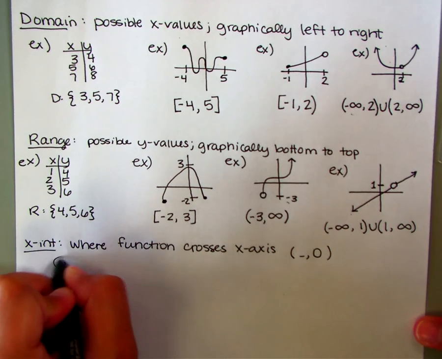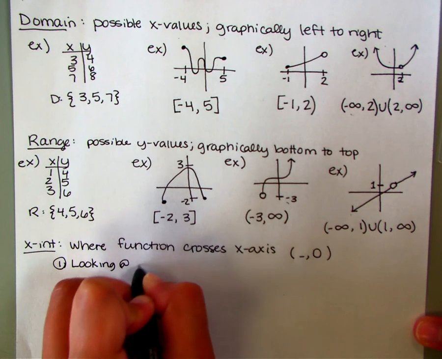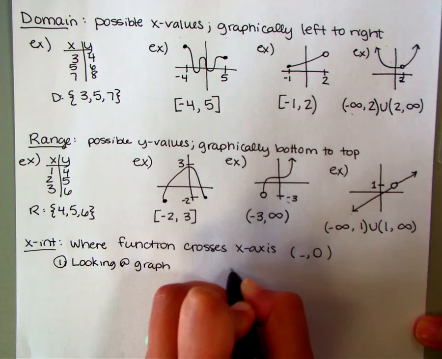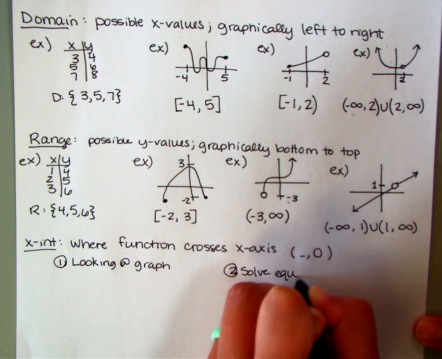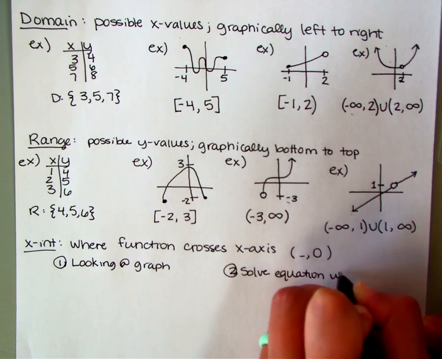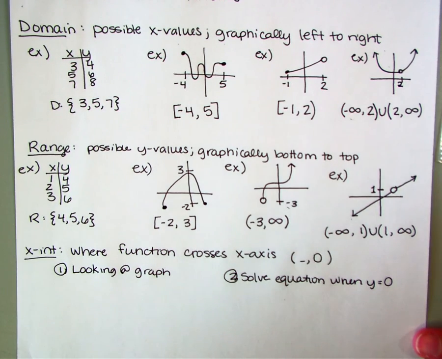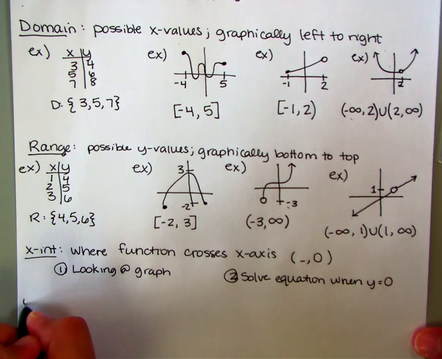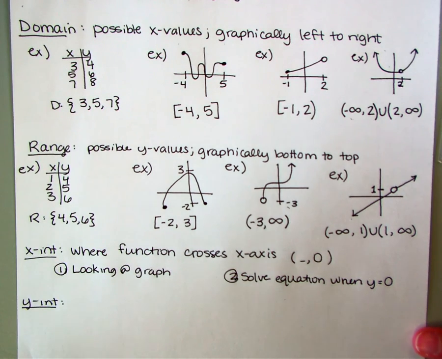And so you find that two ways: looking at the graph, or solve the equation when you substitute in a 0 for y. So you've been doing that ever since you first started learning about functions, but I just wanted to remind you because sometimes we forget some of the easy stuff.